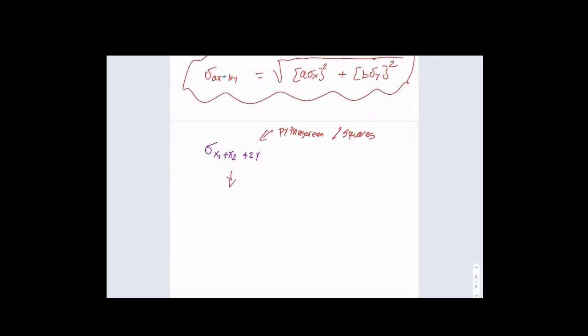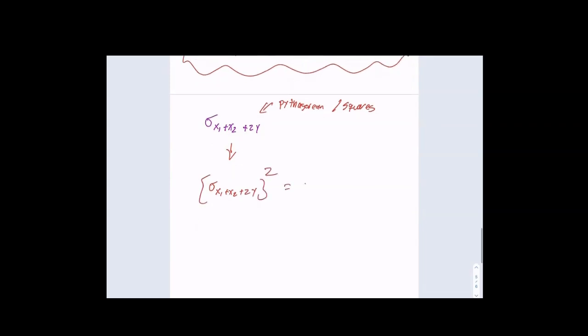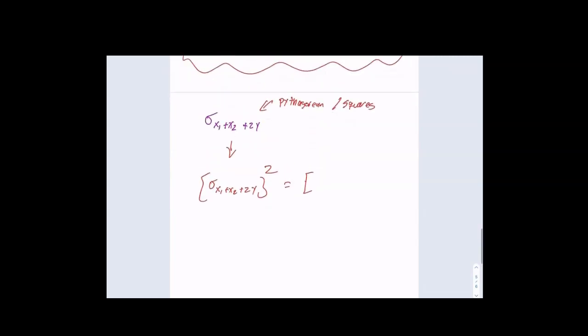And what I mean by that is I'm going to say standard deviation of x1 plus x2 plus 2y squared is equal to the standard deviation of x squared plus the standard deviation of x squared plus 2 standard deviation of y squared.